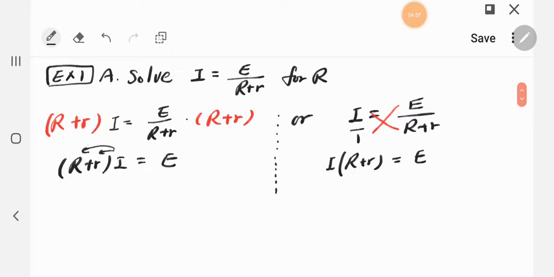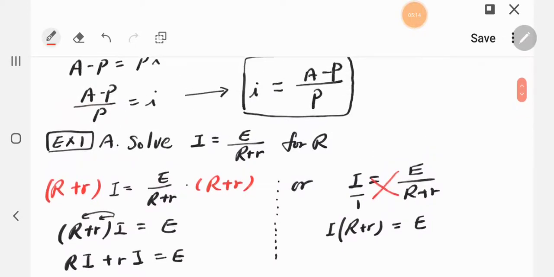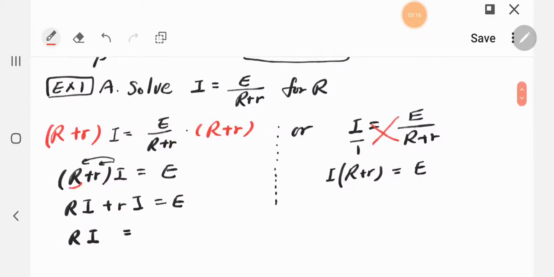If we want to solve for the uppercase R, this is Ri plus ri is equal to E. This is the one we are looking for, the uppercase R. So we will leave this term on one side for a while.